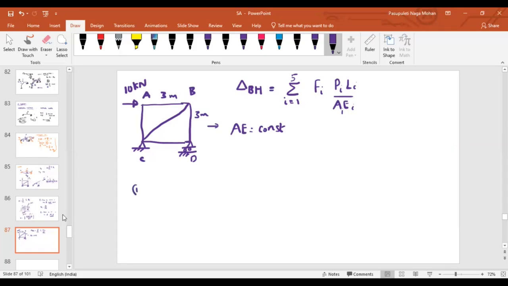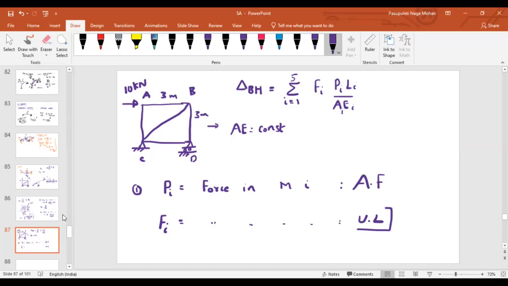First, you have to find out the capital Pi. What is capital Pi? Capital Pi is nothing but the force in member i due to applied forces. That means because of this applied force of 10 kilonewton, what are the forces generated in the members? After that, you have to find out Fi. Fi is nothing but the forces generated in member i due to unit load.